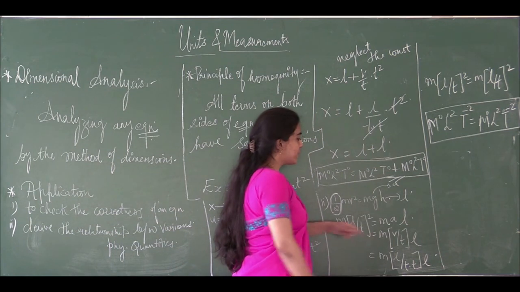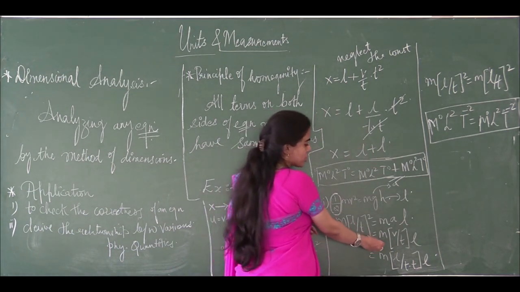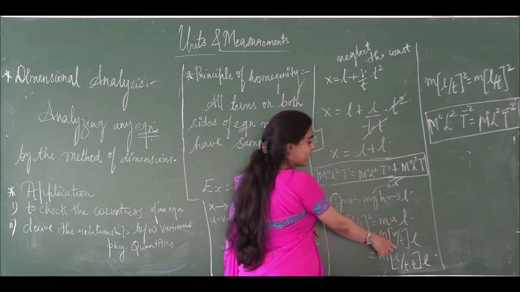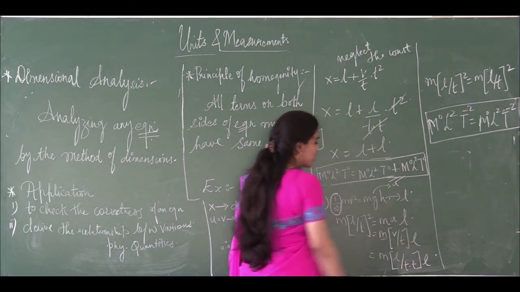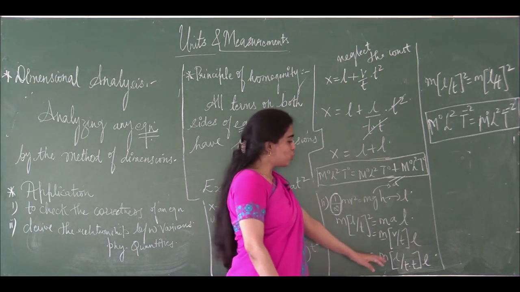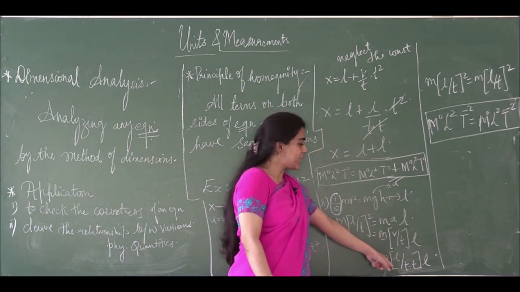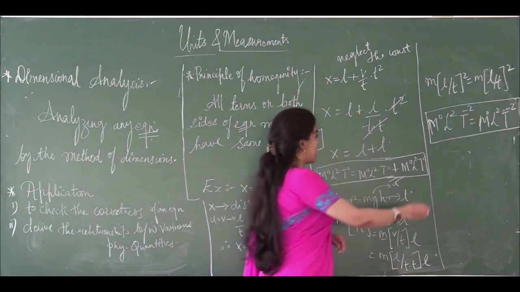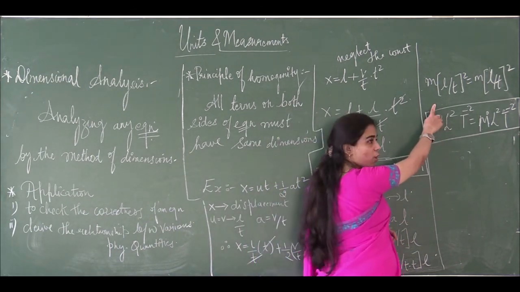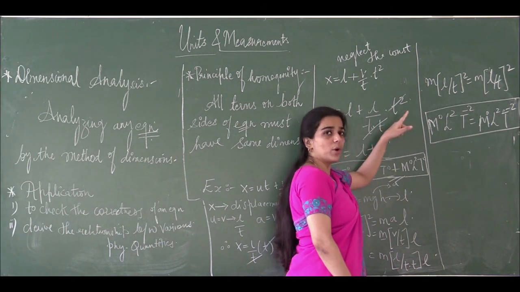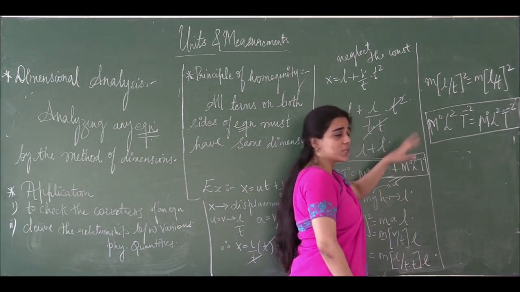Then we get the equation as m, acceleration rewritten as v by t, into L. In the next step we rewrite the value of velocity as L by t, so that we arrive at an equation of this form, that is m into L by t whole square, which is equal to m into L by t whole square.